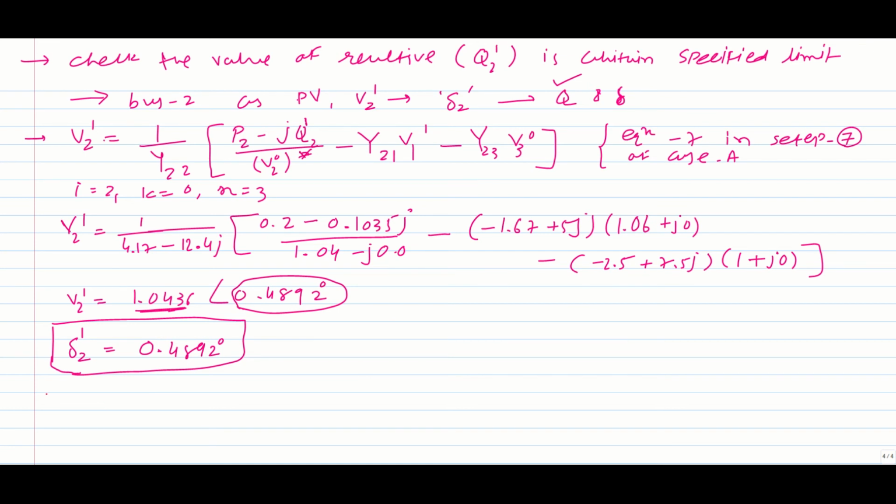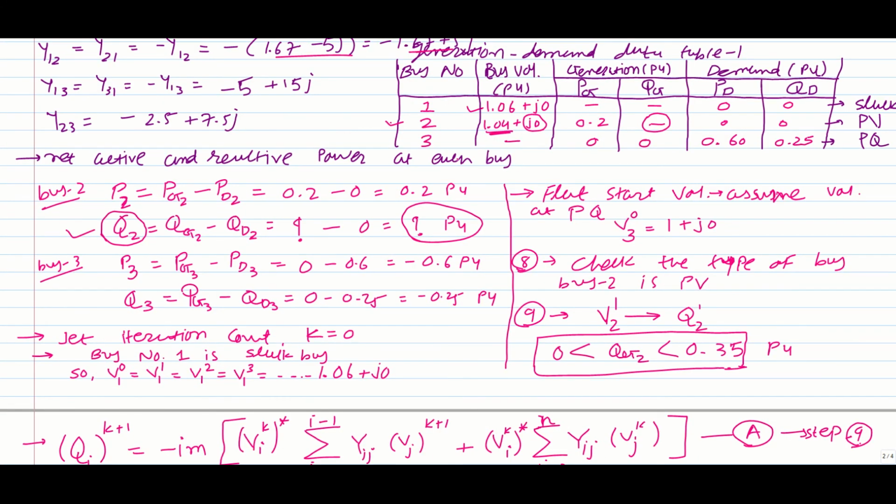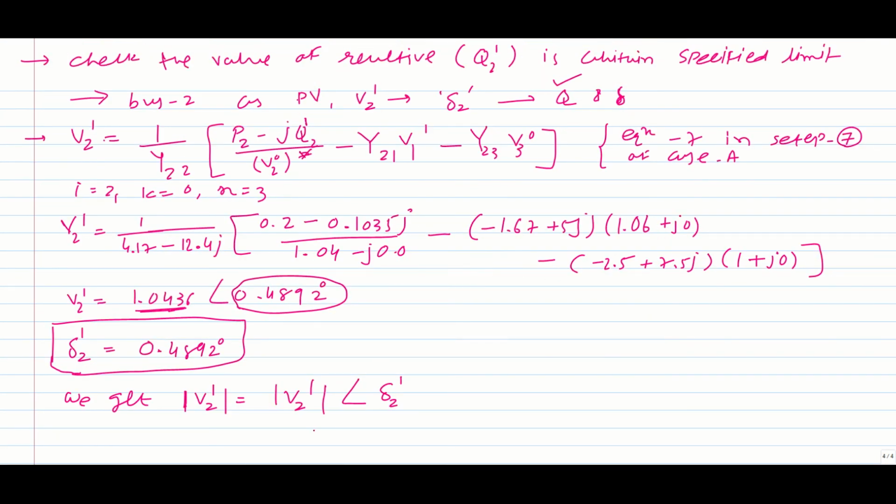Now we get the magnitude of V2 1, which is V2 1 specified, with angle delta 2 1. Initially the value of V2 1 is 1.0. Clear?